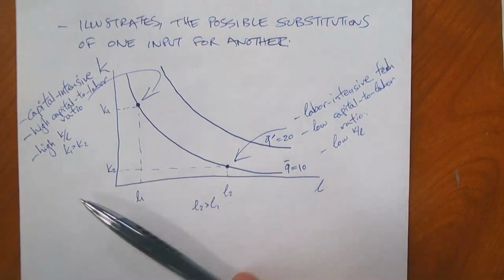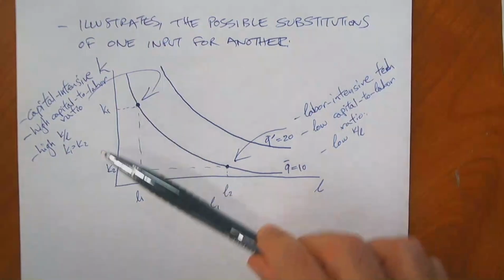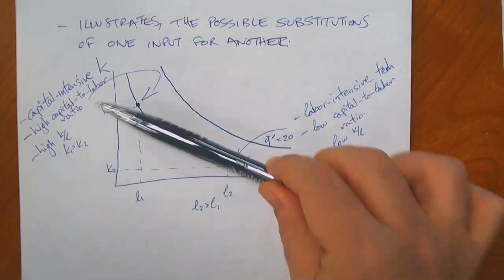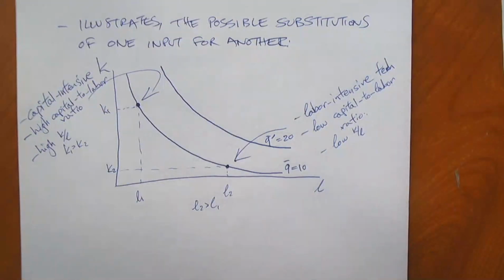Also, fewer units of total output, if you will, those curves would fall below this curve of Q equal to 10. And similarly to indifference curves, there are specific properties for those production functions, for those isoquants. They cannot cross for obvious reasons. And there's a few other things that you will see about them in your textbook.